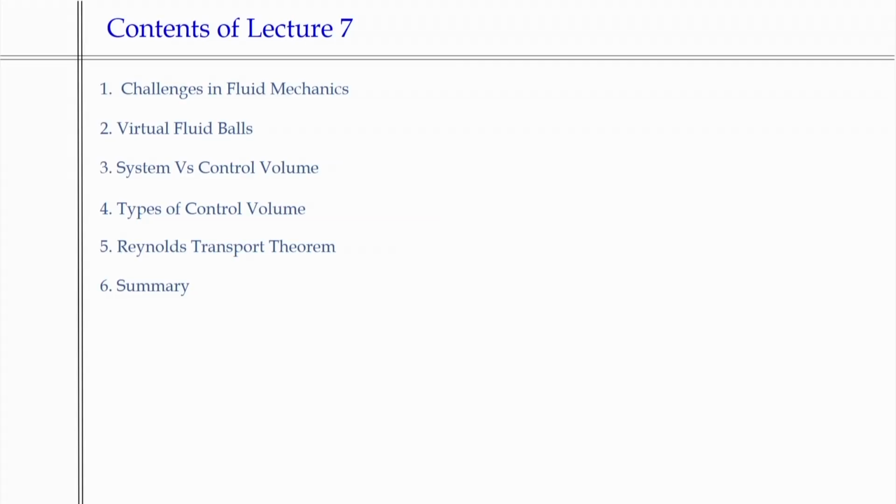to simplify it, I will today first cover what the real challenges are that we have been facing, giving simple examples. Then again I will talk about why we need the virtual fluid ball concept. As I said earlier, this is a new concept.